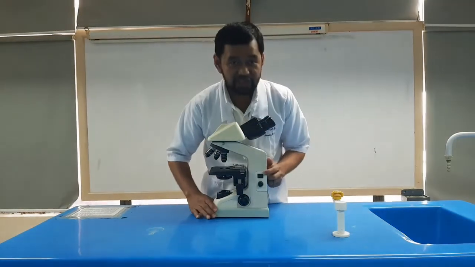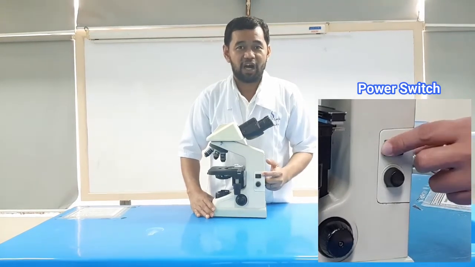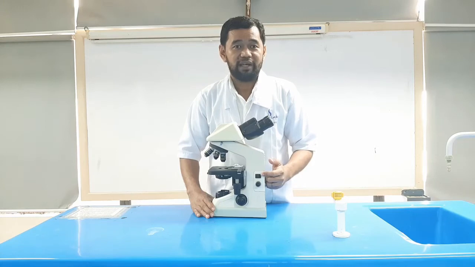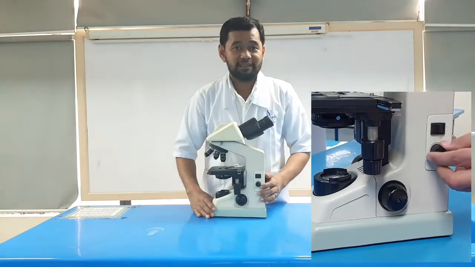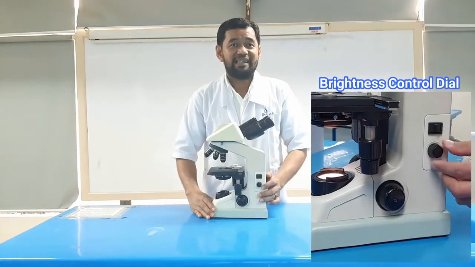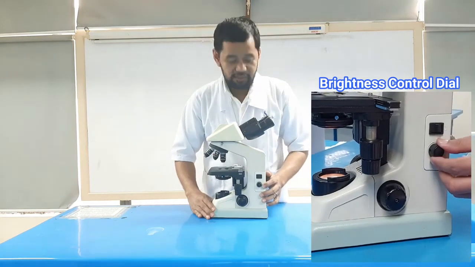The power switch. This switch is located on the arm of the microscope and turns the illuminator off and on. The brightness control dial. This is used to control the intensity, brightness of the microscope.